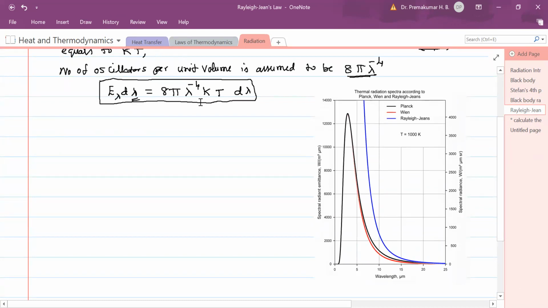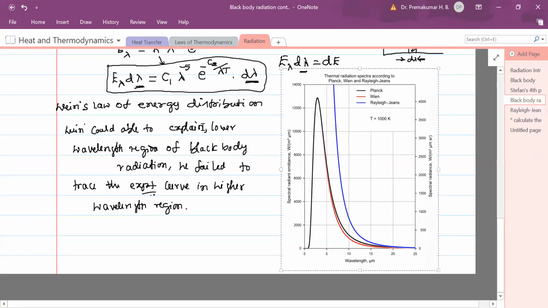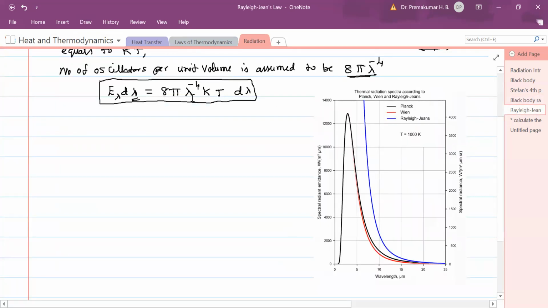So in the previous one, that was Wien's law equation, or Wien's law for energy distribution. And here it is Rayleigh-Jeans law for energy distribution. According to Rayleigh-Jeans law, see what is happening, the blue color one.